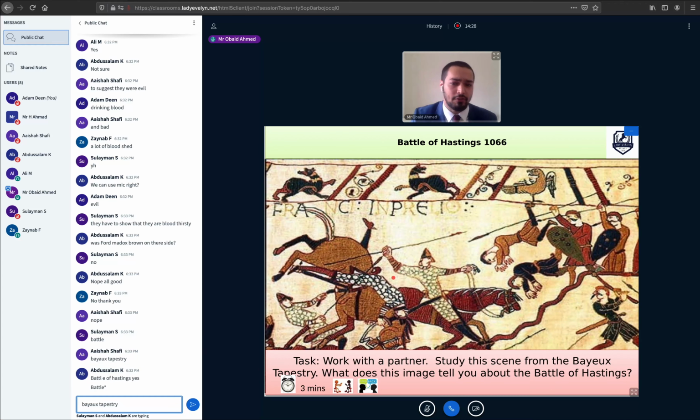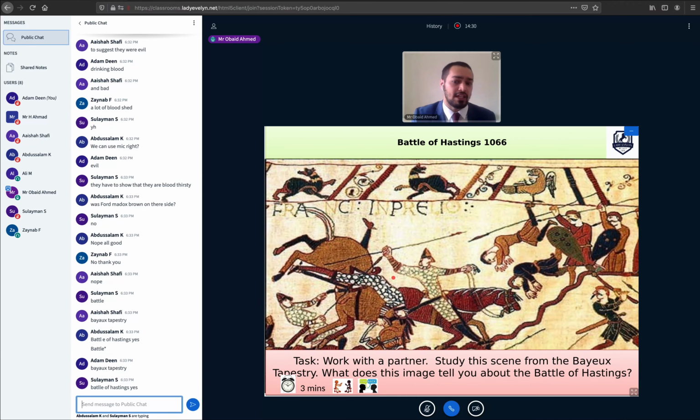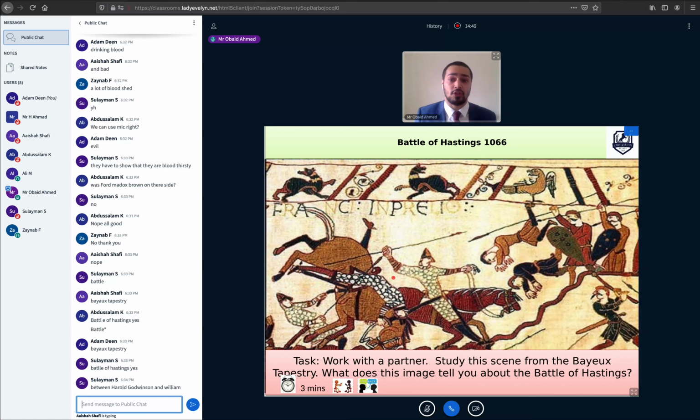I'll give you 3 minutes, independently, just look at this image carefully, look at all the various symbols, and tell me, what does it tell you about the Battle of Hastings? Think about it first, and once you've formed your ideas, try to think more deeply about what conclusions you might reach based on those ideas.